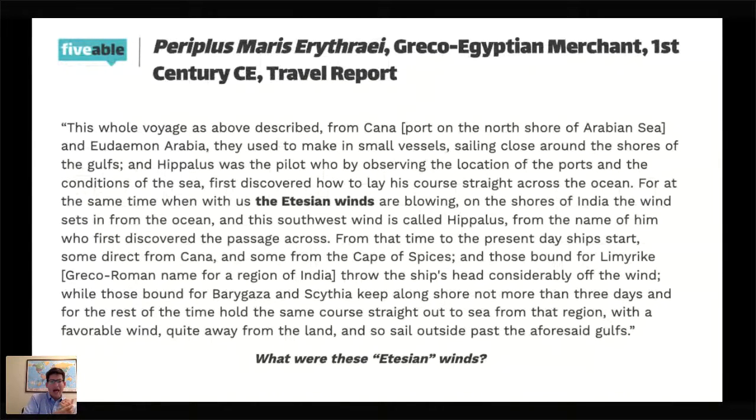And this source really highlights just how, well, two things mainly, how unique the Indian Ocean is in some aspects, but also how long trade has been happening in this region. So this is from a Greco-Egyptian merchant of the 1st century. We don't know exactly who it was, but this is their travel report, the Periplus Maris Erythraei. I think I'm close enough with that pronunciation, although I'm very rusty on my ancient Greek.